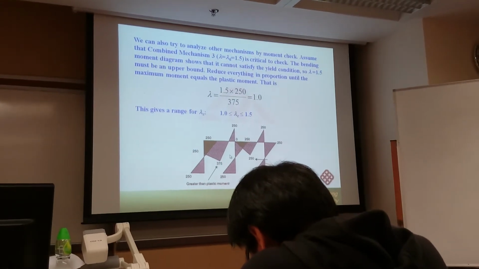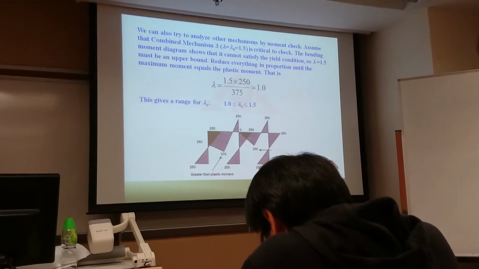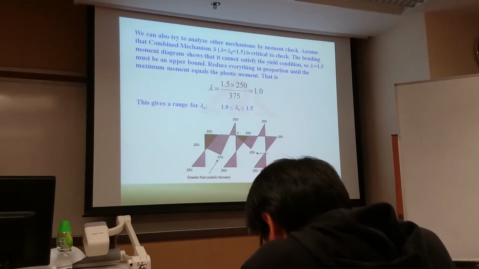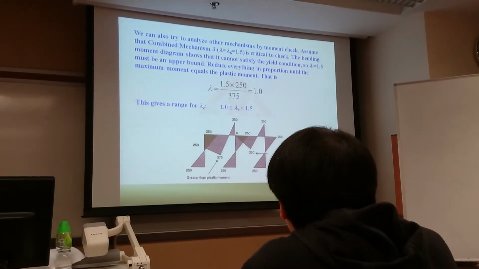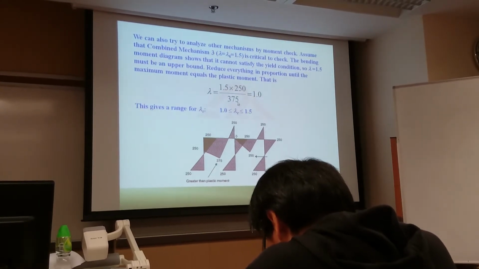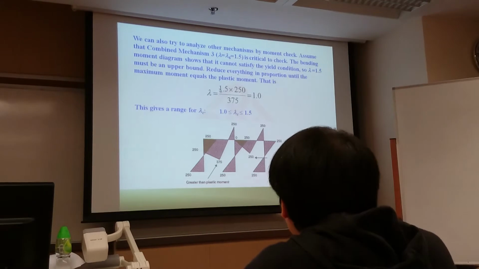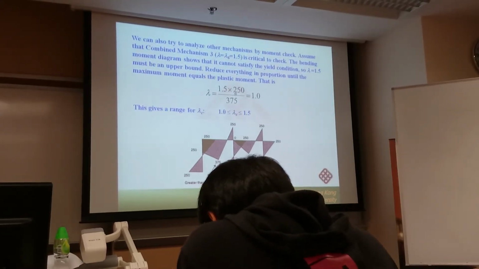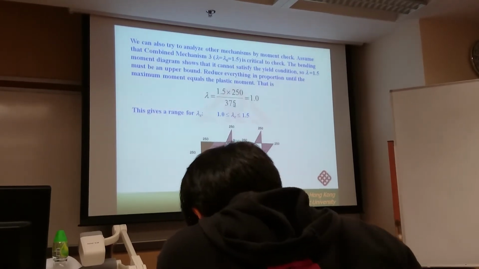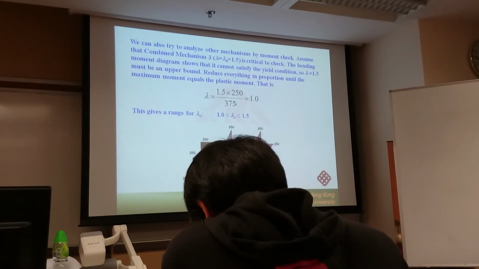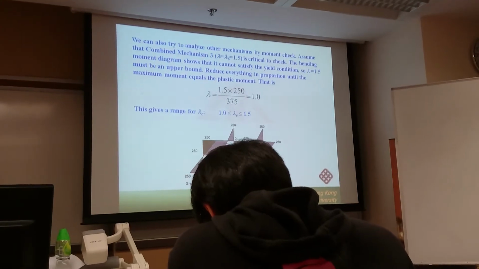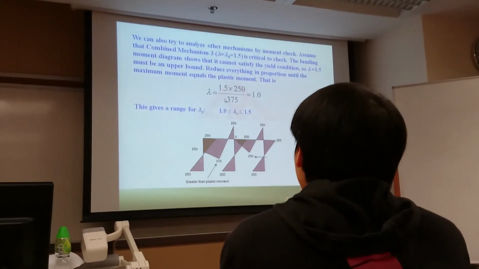So if you want to make this a true case, you have to reduce the load factor to make the maximum moment equal to 250. If you want to make this value go from 375 to 250, you just need to multiply the load factor by the ratio between 250 and 375. In this way, you can reduce this moment from 375 to 250. So this is a lower bound.